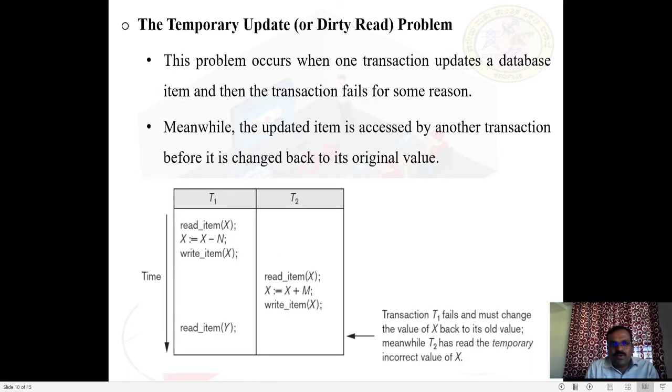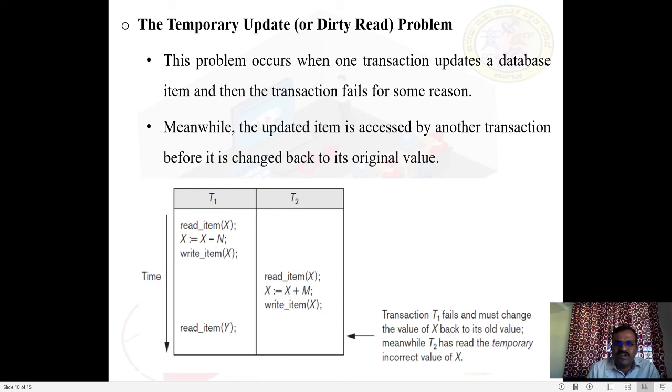And the next problem is the temporary update or dirty read problem. This problem occurs when one transaction updates a database item and then the transaction fails for some reason.